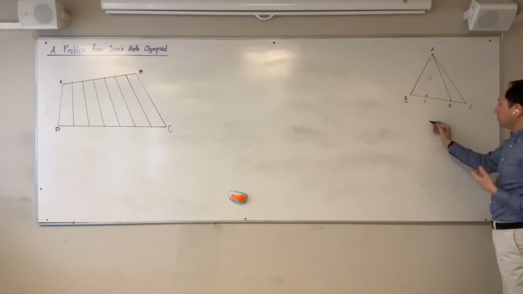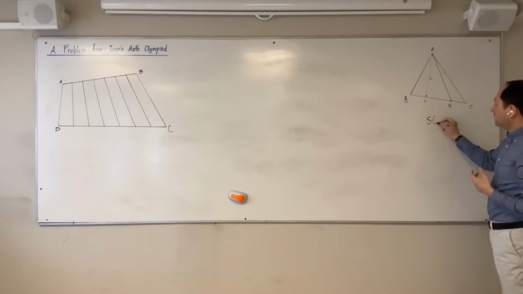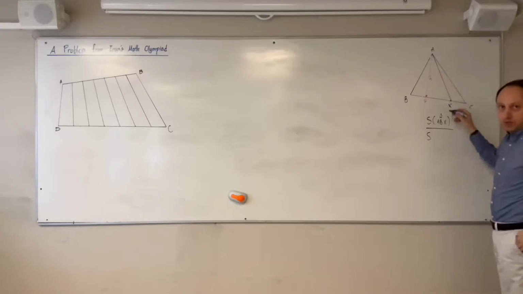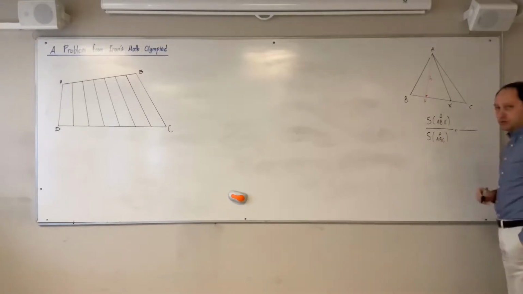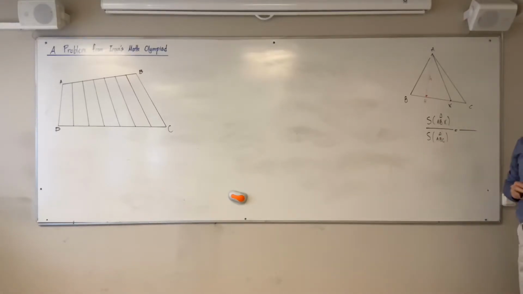What we want to show is that the surface area of this triangle, for example, ABX, over the surface area of the original triangle, for example, ABC, is equal to the ratio of the corresponding bases. In this case, the base is BX, and for the bigger triangle, the base is BC.